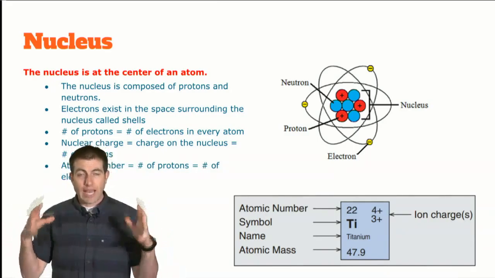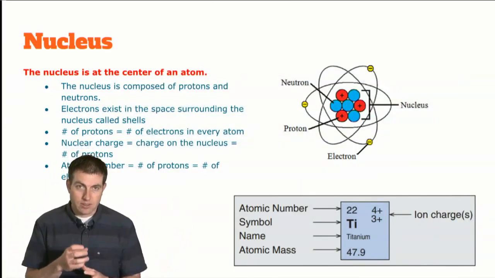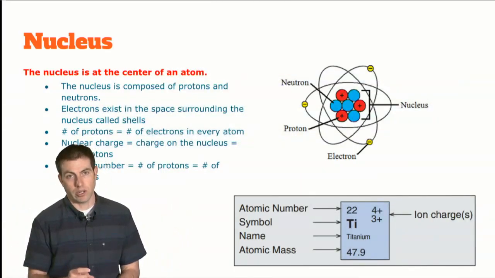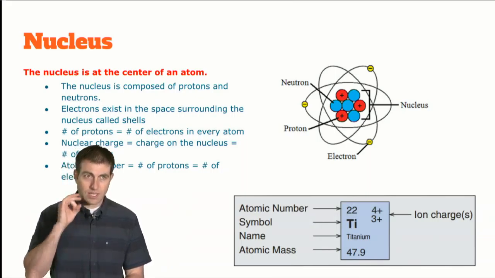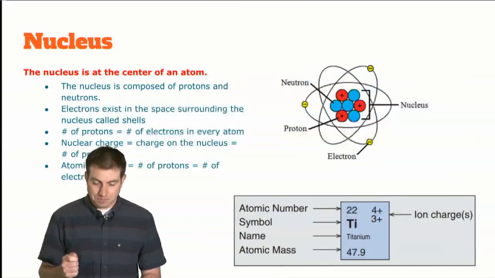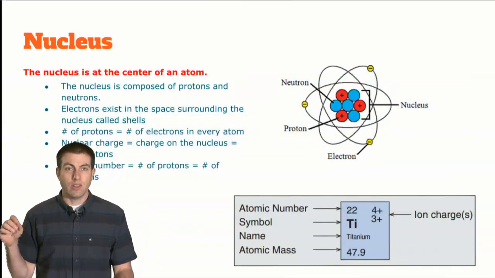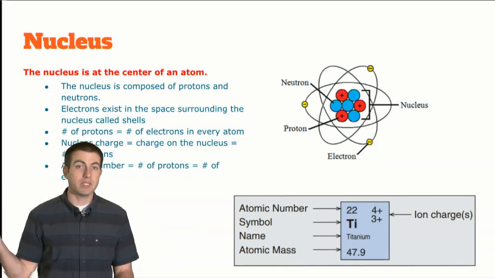So if you took an atom and you blew it up to the size of a stadium, at center ice, the nucleus would be about the size of a quarter resting on center ice. So we're talking really, really small. And an electron wouldn't be in the actual ice rink. It wouldn't even be in the seats.